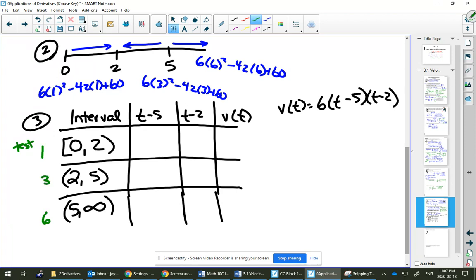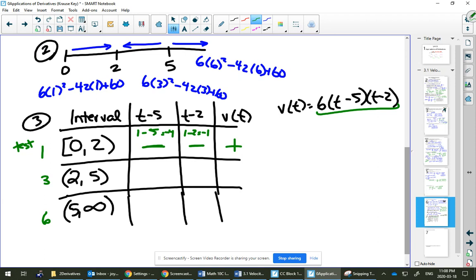If I plug in a 1, t minus 5, 1 minus 5, is negative 4. So this is negative. And t minus 2, 1 minus 2, is negative 1. So that is negative. If we look at our original equation, we're going 6 times (t minus 5) times (t minus 2). Well, a negative times a negative is a positive, so the velocity will be positive at that point.